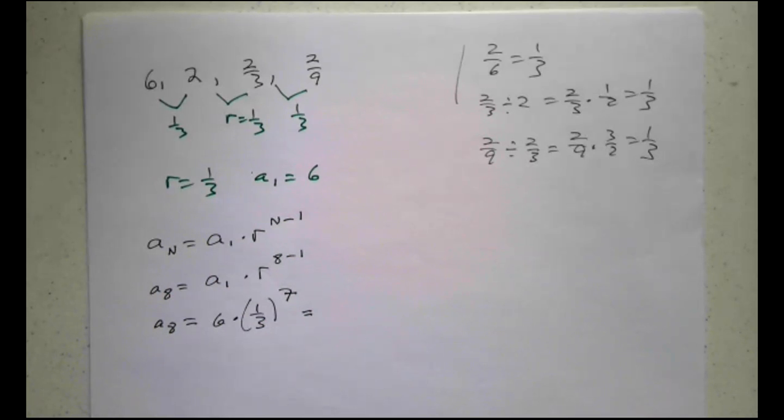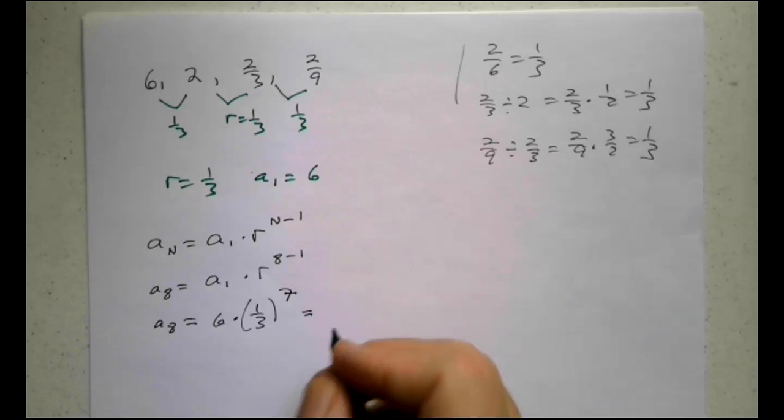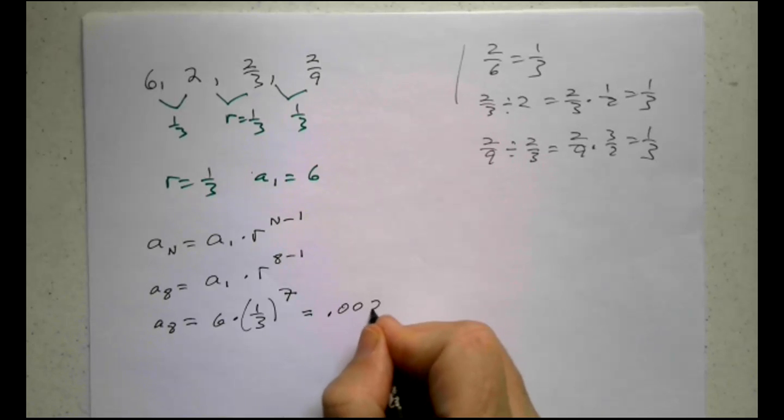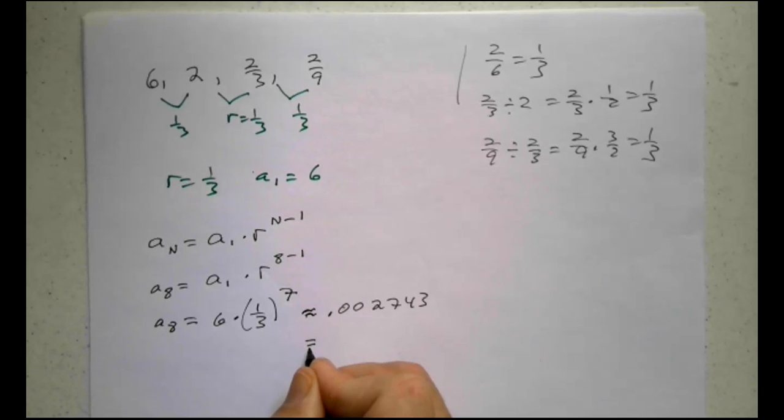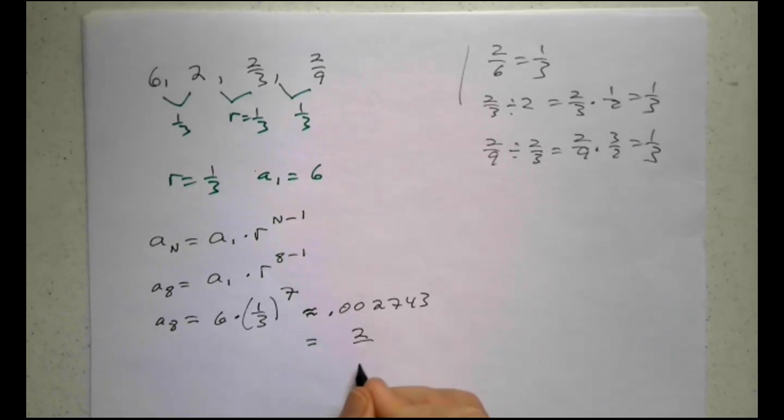A very small number. It's 2 over 729 is what it reduces to, approximately 0.002743. That's our approximate solution; it actually equals 2 over 729 as a fraction. So that is the 8th number in the list.